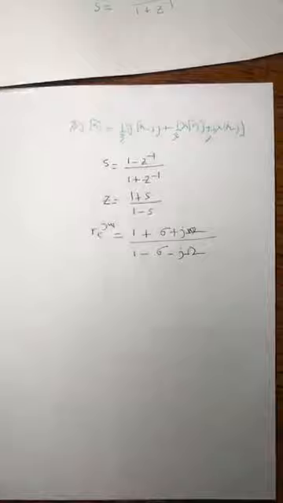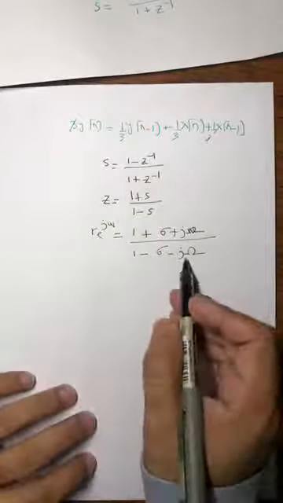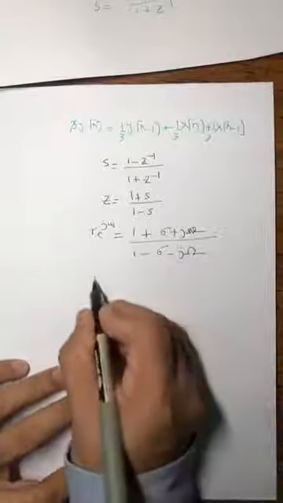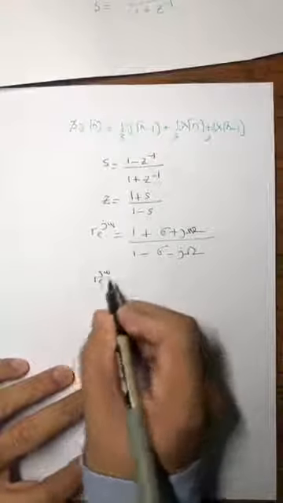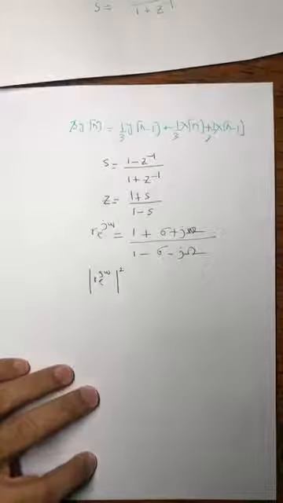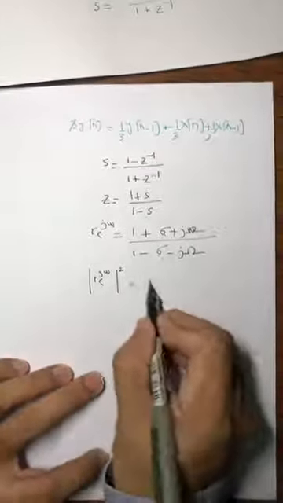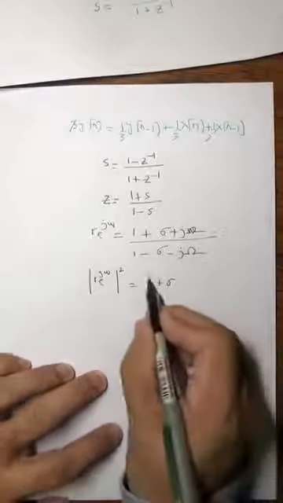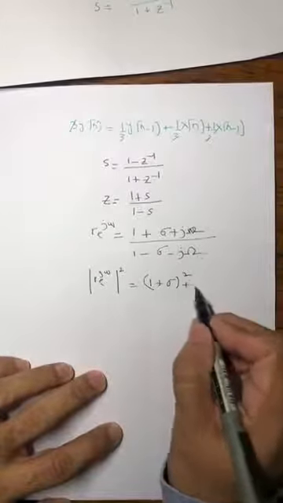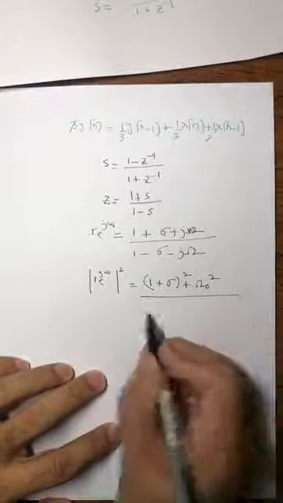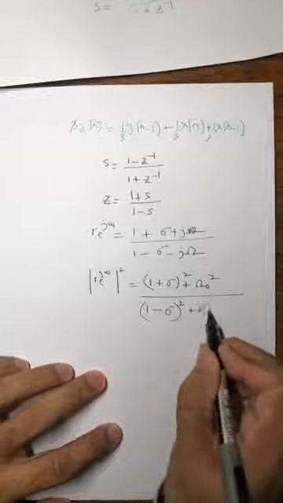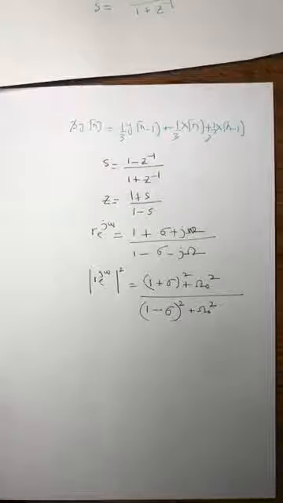If I take the magnitude square of r e^(j omega), it is (1 plus sigma) square plus omega square over (1 minus sigma) square plus omega square.